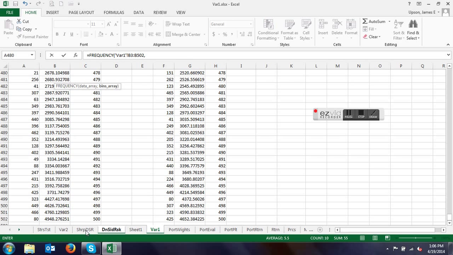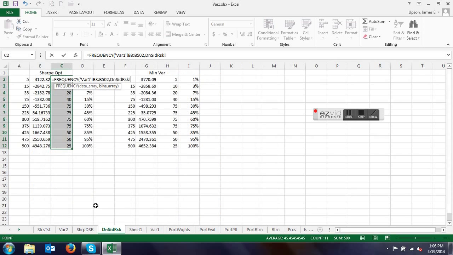And then we're going to come over to select our bins. And we're going to pick the bottom one down here, not picking the last bin. You hit parenthesis to close it, and then don't hit Enter, hit Control Shift Enter. And it'll go ahead and count the number of observations in each one of the bins.